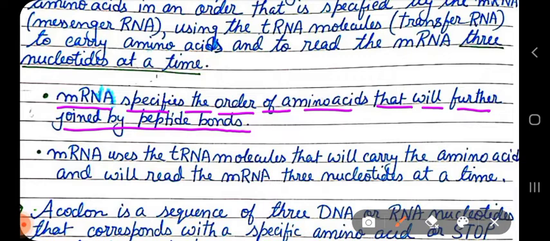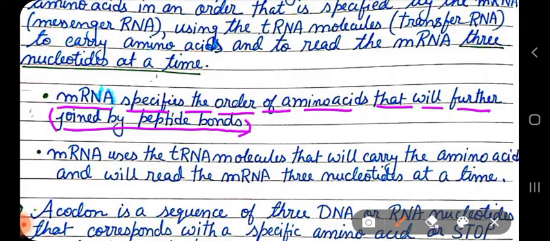It has nucleotide sequences, and those nucleotide sequences represent codons. Three nucleotides make one codon, located right next to each other, that code for particular amino acids.